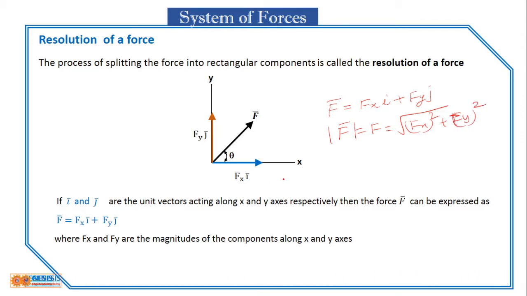But generally, without notation, we can also resolve this inclined force F into Fx, that is equal to F cos theta, and Fy, that is equal to F sin theta.